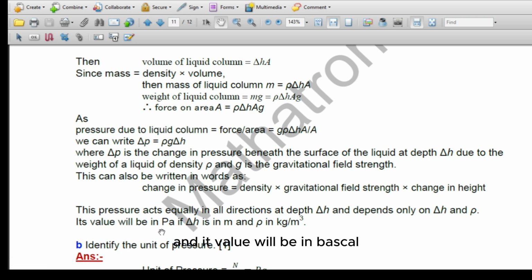Its value will be in Pascals if delta H is in meters, rho is in kilograms per meter cubed, and g is in newtons per kilogram, since gravitational field strength is given in newtons per kilogram.